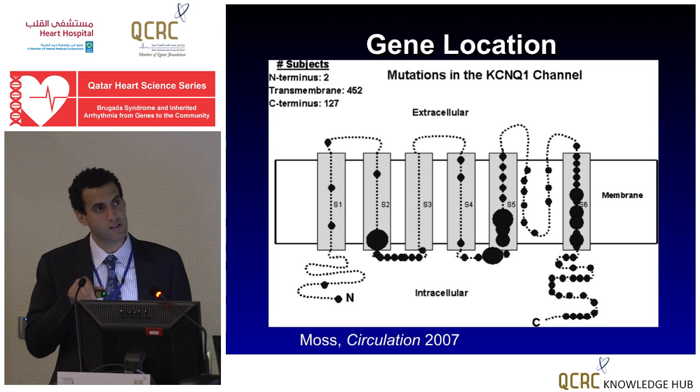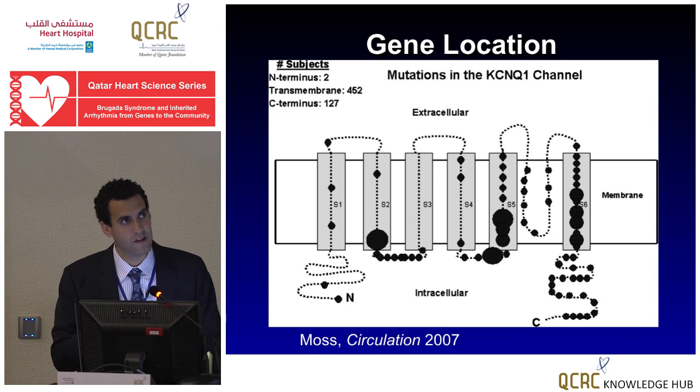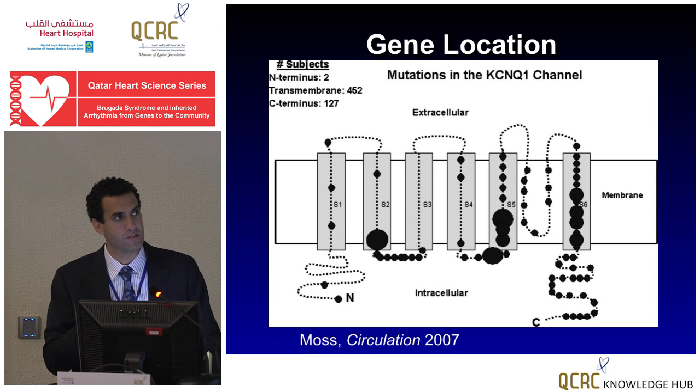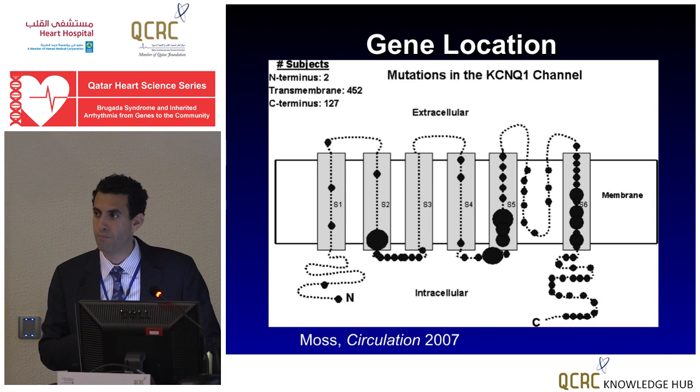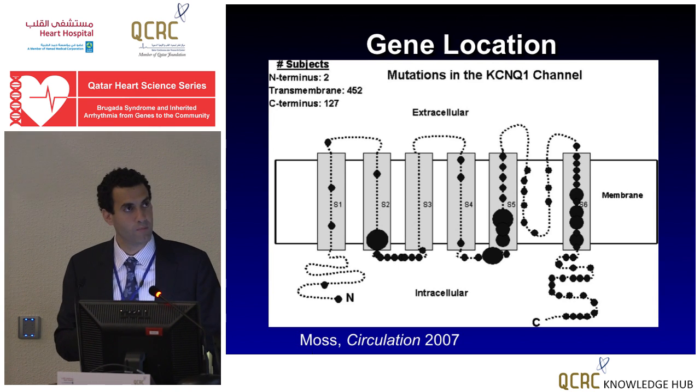And you see that C-terminal mutations here by the terminal end of the protein had less of a phenotypic effect than transmembrane proteins did. Transmembrane proteins, and we'll see later that cytoplasmic linker proteins also had a pretty profound effect on phenotype. So where the gene is part of our risk stratification conversation when we meet with patients and families.